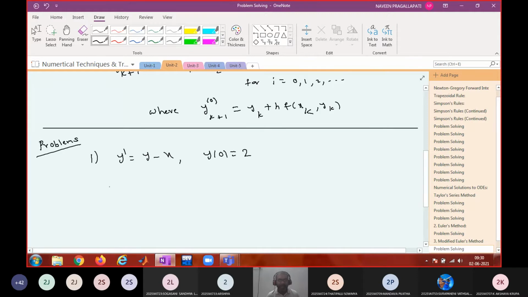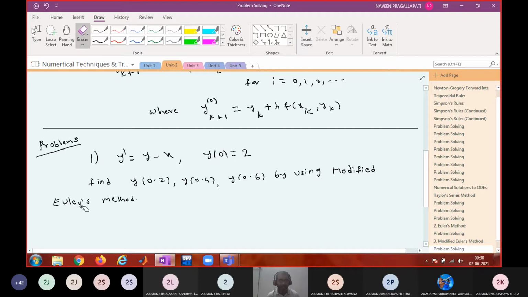Find y of 0.2, y of 0.4 and y of 0.6 by using the modified Euler's method.